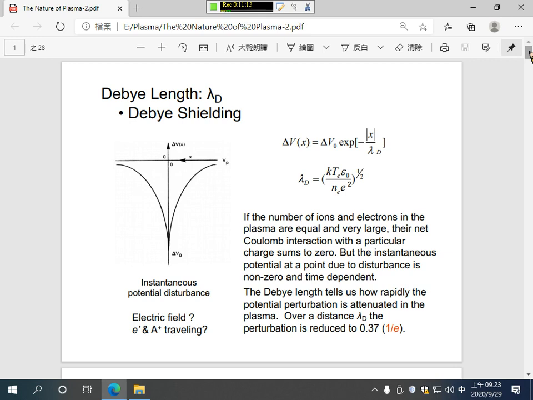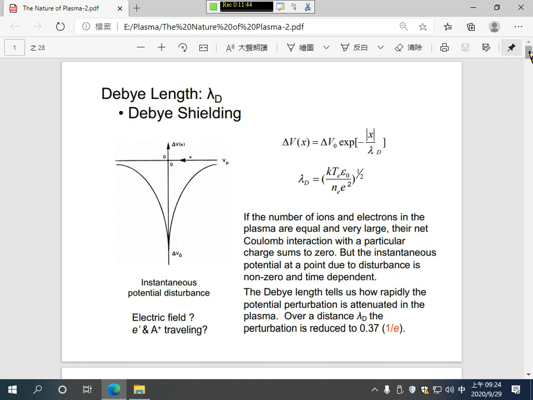In this equation, k is the Boltzmann constant, epsilon 0 is the vacuum permittivity, and e is the charge of one electron. So these three parameters are constant. So in this equation, you can find out the lambda d.